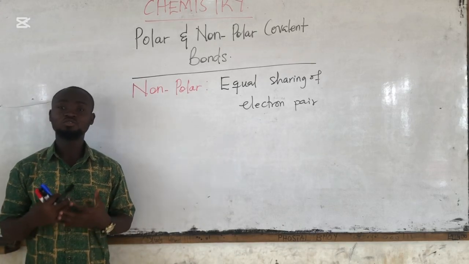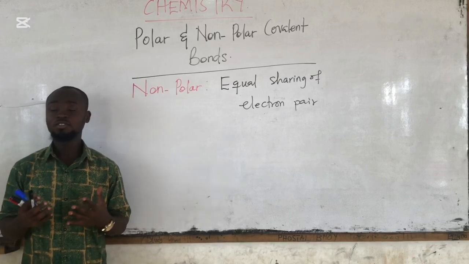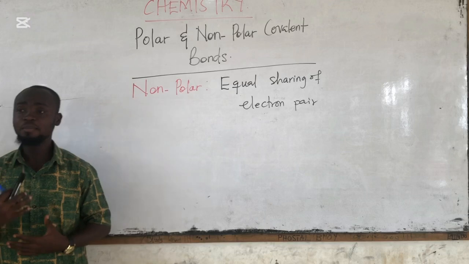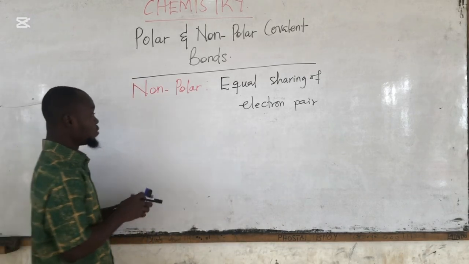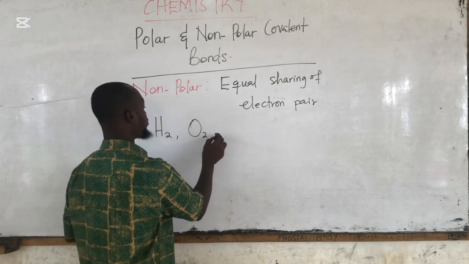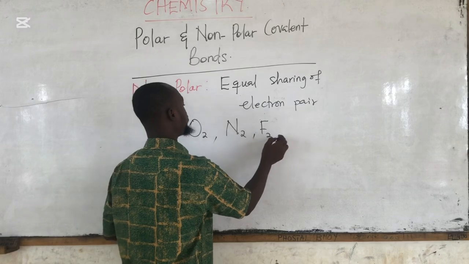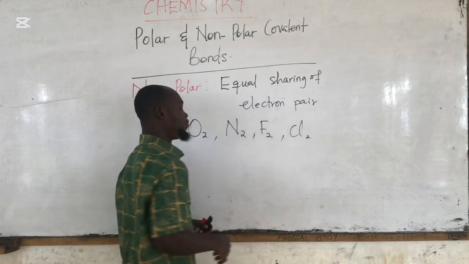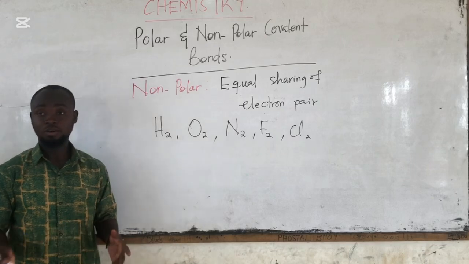Non-polar covalency usually occurs between the homonuclear diatomic molecules because they mostly tend to have the same electronegativities. Is that okay? So examples, we can have H2, O2, N2, F2, Cl2, etc. All these are homonuclear diatomic molecules.